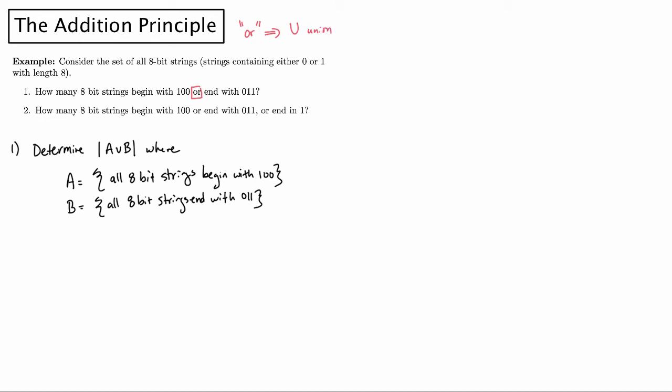And if the word and is used or implied, then that typically means you're looking at intersections in terms of the sets that are involved. And in the case of unions, that means you're going to either be applying the addition rule or the more generalized form, which is something called the inclusion-exclusion principle, which we'll talk about in the next video.